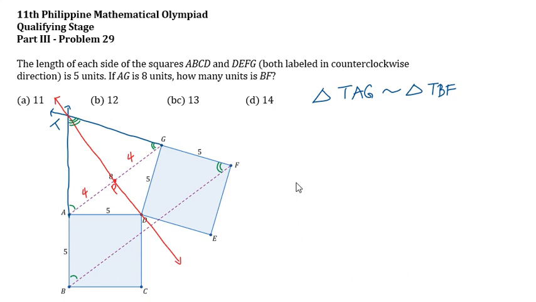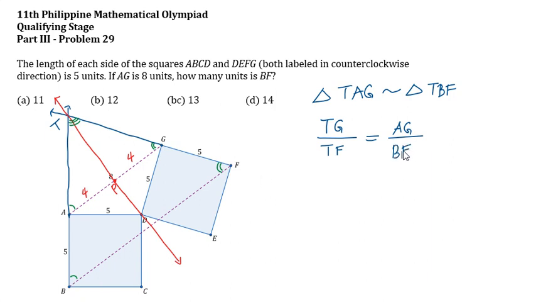Now, recall that when two triangles are similar, then their corresponding sides are in equal proportion. With this, we can say that TG divided by TF, taking the corresponding sides, equals AG divided by BF.